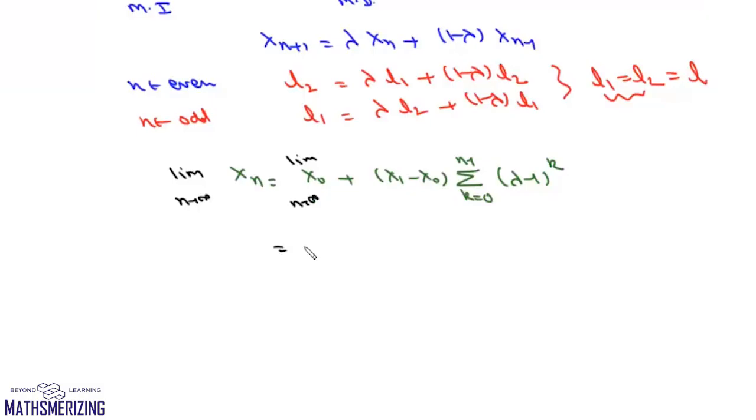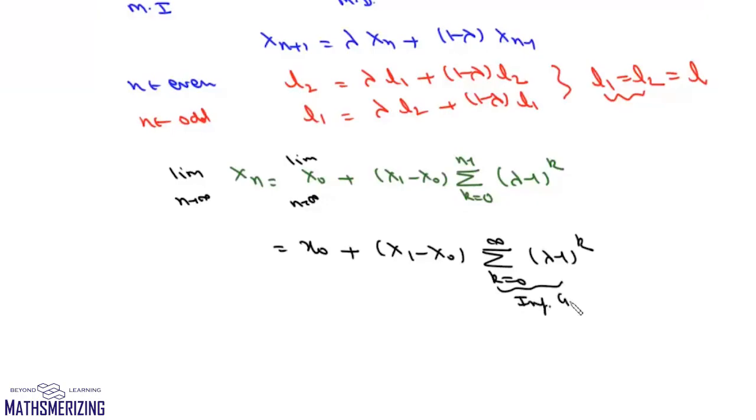Now this limit will be equal to x0 plus (x1 minus x0), and then we'll have this series starting from 0 going all the way up to infinity, and it will be (lambda minus 1) to the power k, which is nothing but an infinite GP.